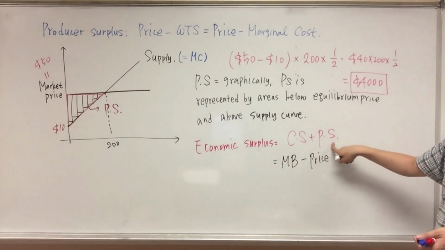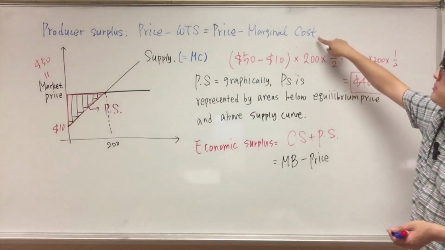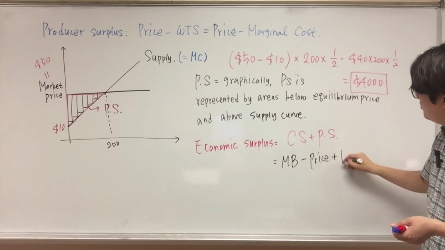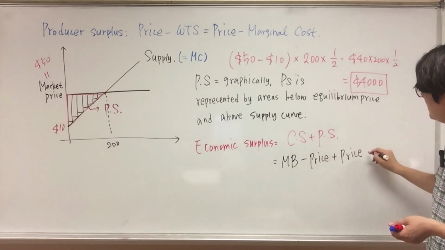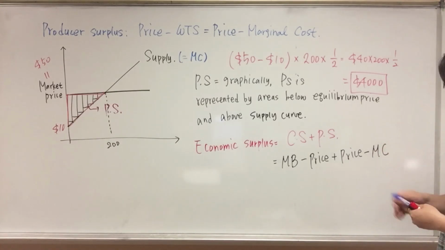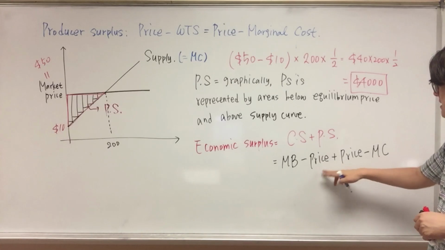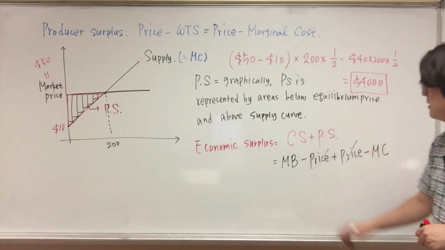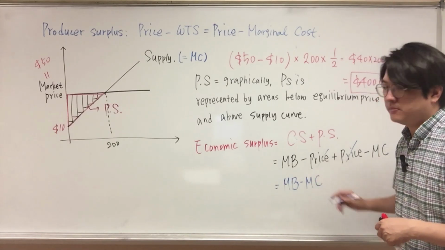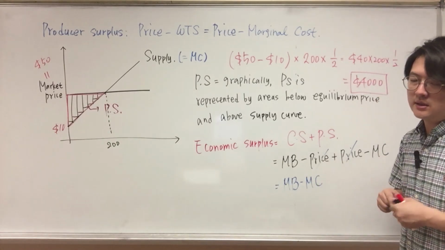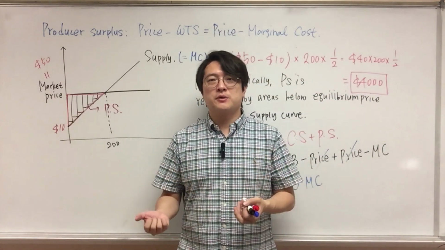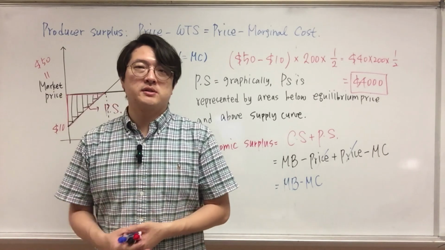What was the producer surplus? Producer surplus is price minus marginal cost, right? So plus price minus marginal cost. Okay, so the prices cancel out, and we have marginal benefit minus marginal cost. Eventually, marginal benefit minus marginal cost is called economic surplus.